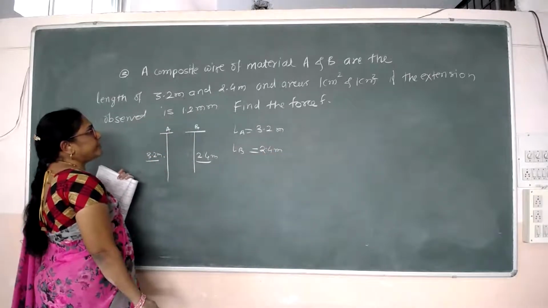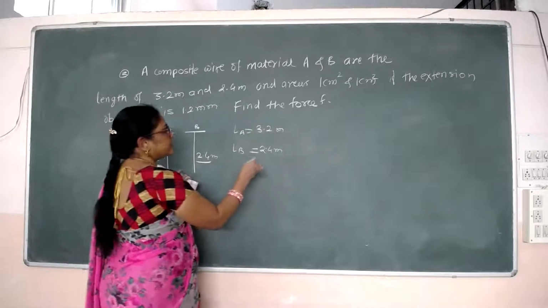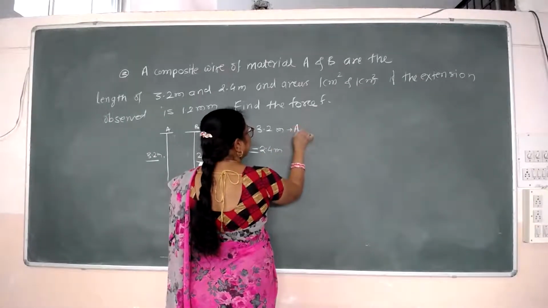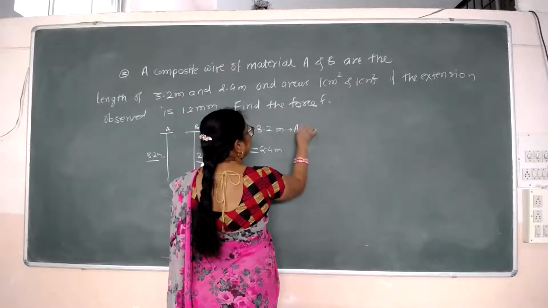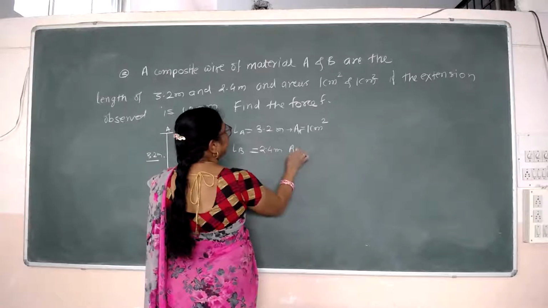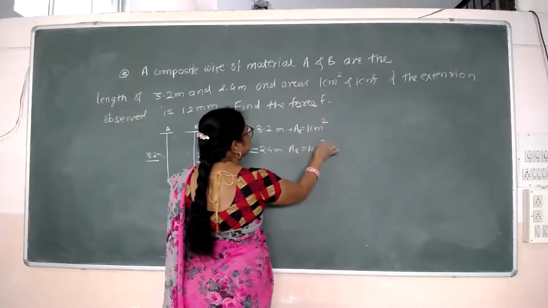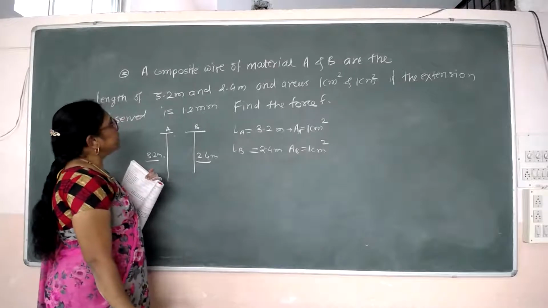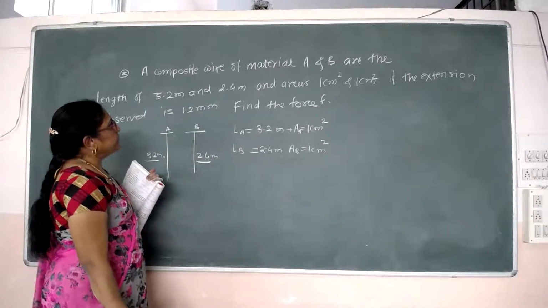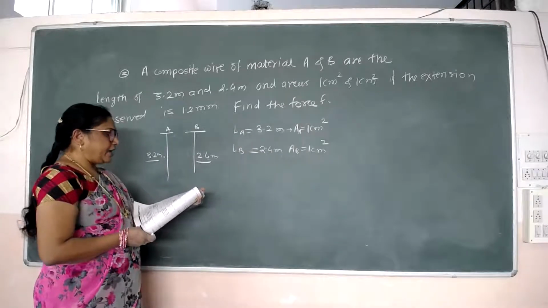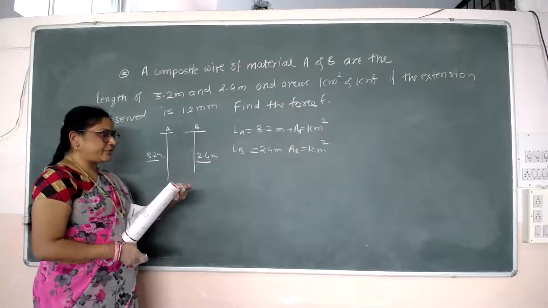Then the area of cross section of the first wire, A, is equal to 1 centimeter square. Area of B is equal to 1 centimeter square. The extension observed is 1.2 millimeter, that is the change in length for A and B together, and the question is what is the force?